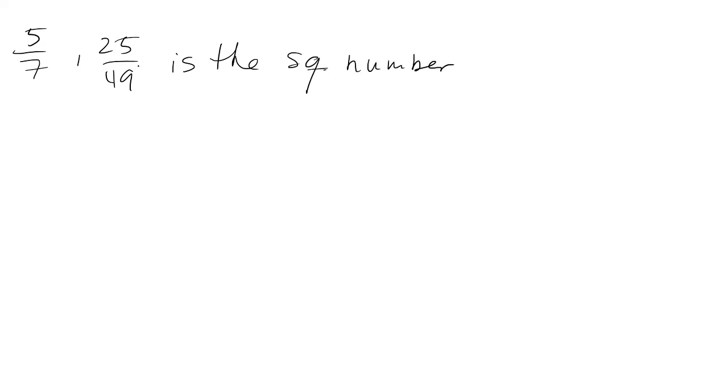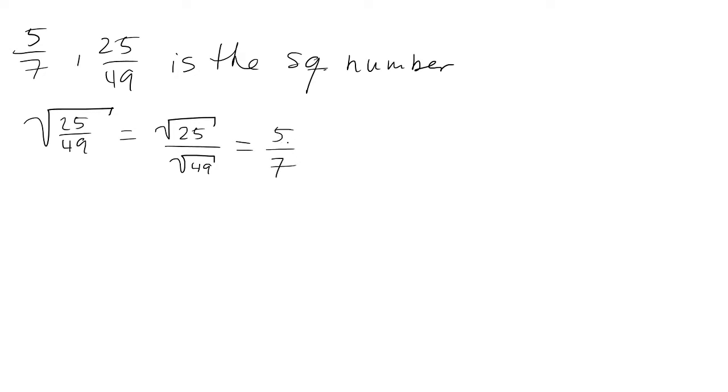So you should understand that 25 divided by 49 is the square of 5 divided by 7, because if we take the square root of 25 divided by 49, we simply have the square root of 25 divided by the square root of 49, which is equal to 5 divided by 7, because 5 multiplied by 5 is 25, and 7 multiplied by 7 is 49.